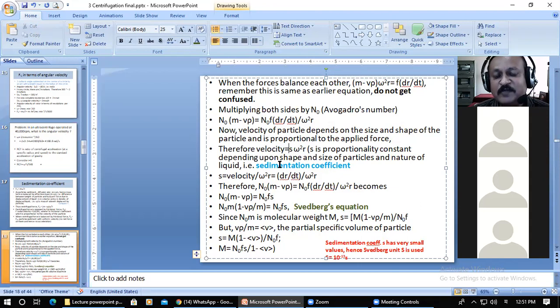Earlier we just put that velocity is equal to ω²r, but that was without considering the size and shape of the particle. Now, if we give due consideration to that aspect, then we should add one more constant in that equation, because the velocity is proportional to the size and shape of the particle. Therefore, velocity is equal to the constant s multiplied by ω²r.